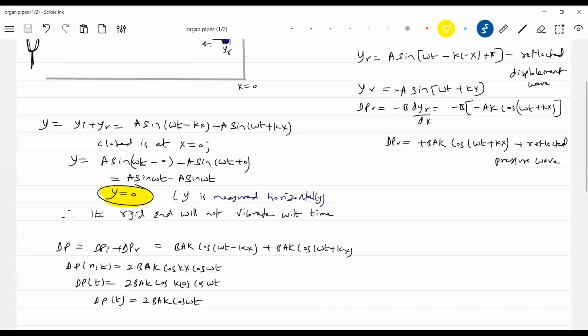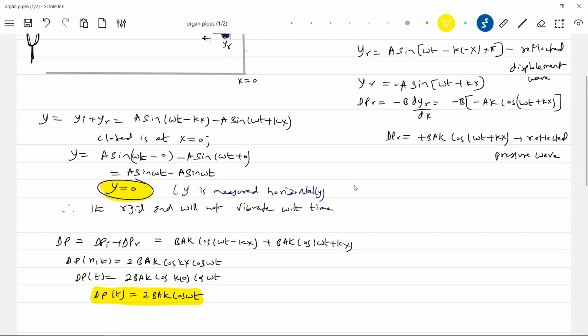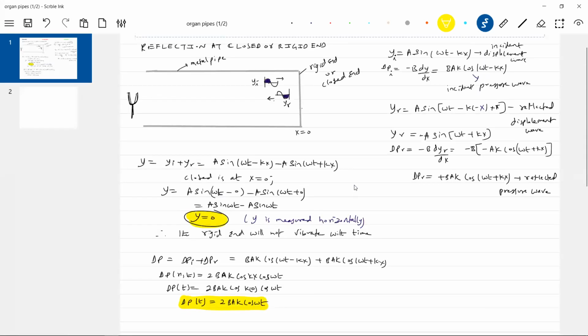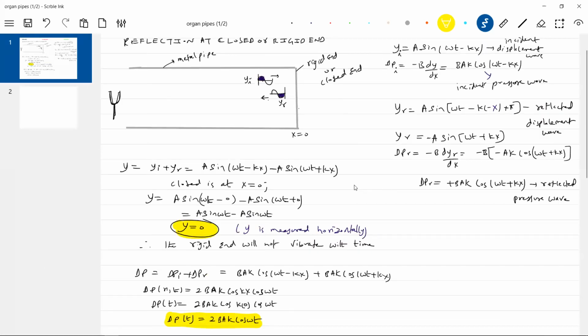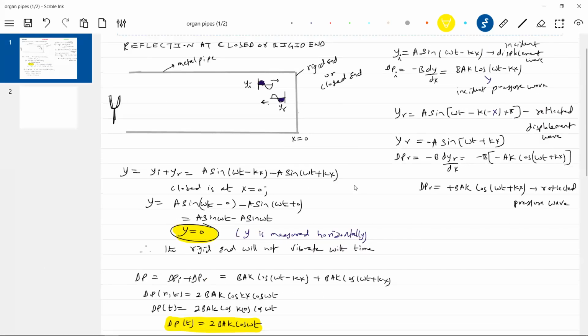Let me underline, highlight it. What's happening to the pressure at the closed end? Is it constant or variable? Now you have the complete description. Look at this one. The pressure at the closed end, is it constant or variable? No, it is in fact varying with time. What is the maximum value of excess pressure here? 2BAK.